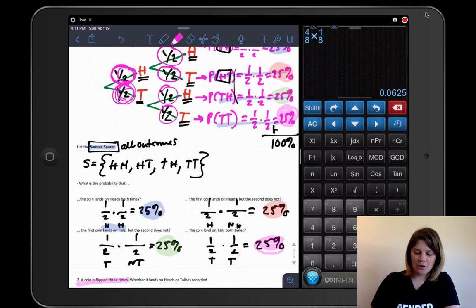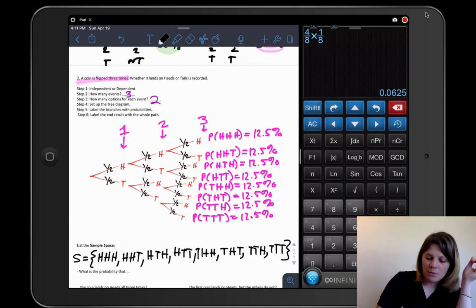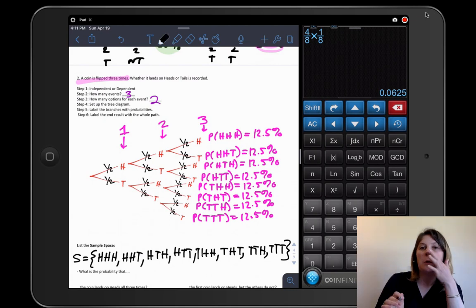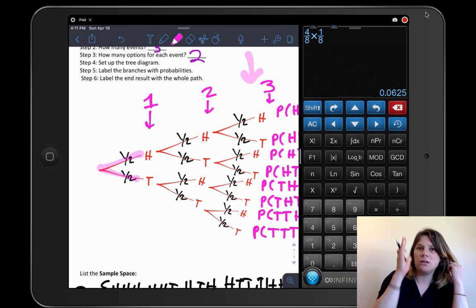Okay, so let's see what it looks like. You can see here, the main thing that I noticed the most that students make mistakes on is that they get confused that there are 2 choices, but there are 3 layers of those 2 choices, right?